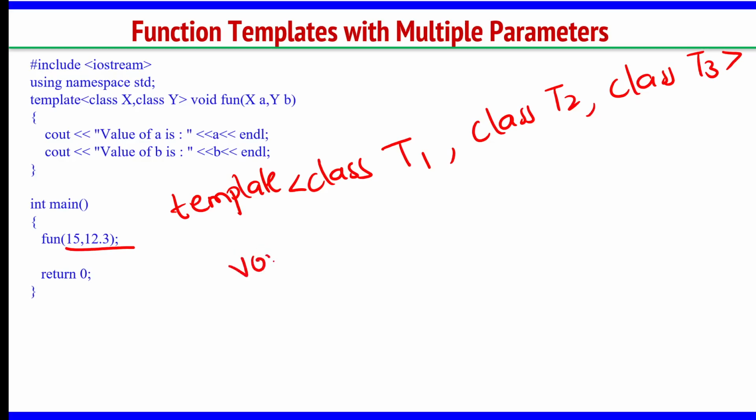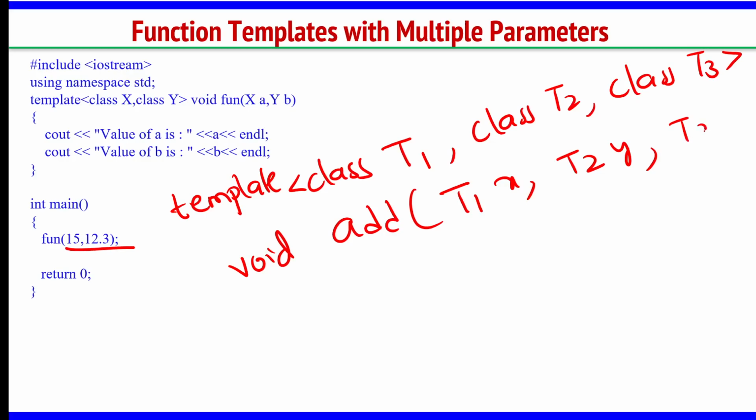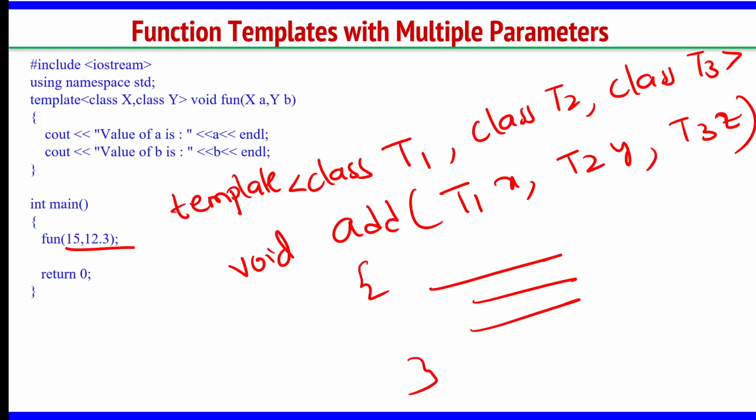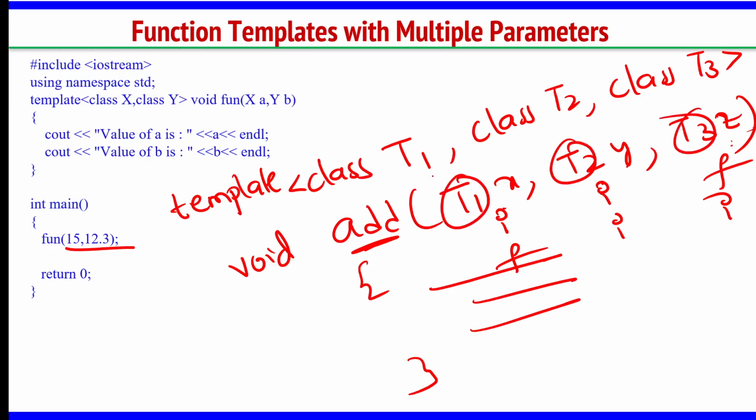Then you can write void some function add, where T1 x, comma, T2 y, comma, T3 z, and you write your normal logic whatever you want to write. So whenever you call the function with three different data types, it will take. One can be int, this can be int, this can be float, this can be float, this can be int, anything is possible. One function is enough. You just tell I will be sending three different data types. In this, these two can be same or different.